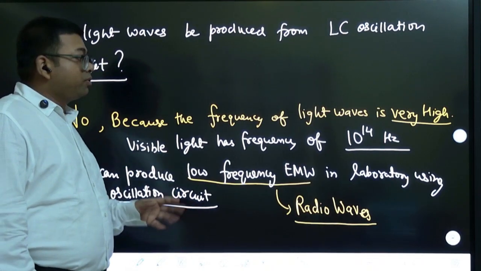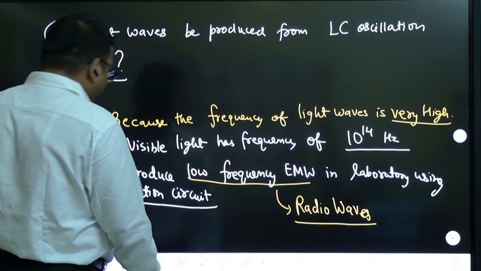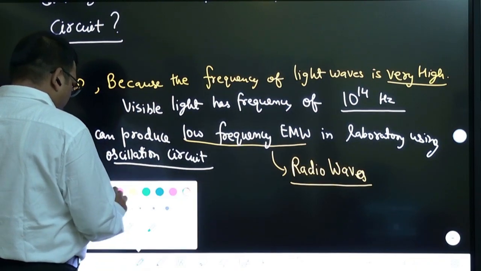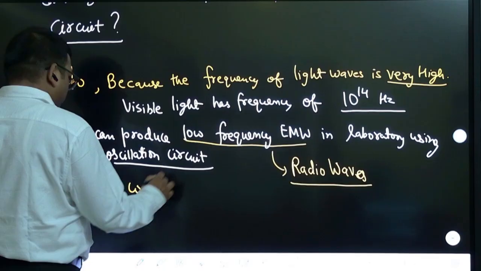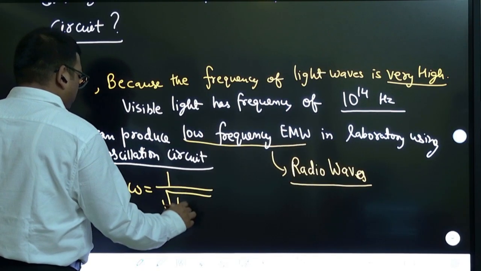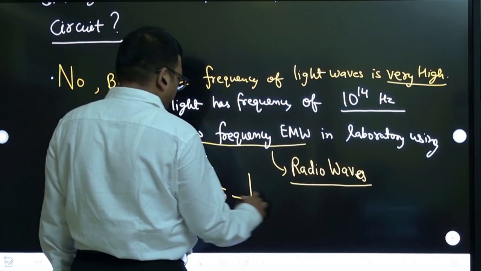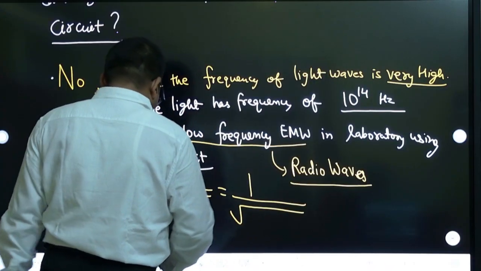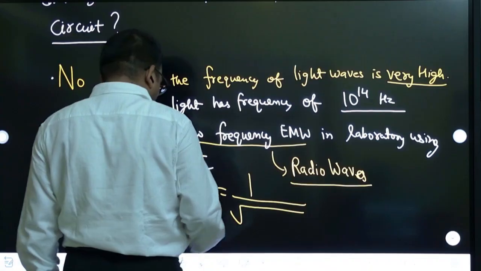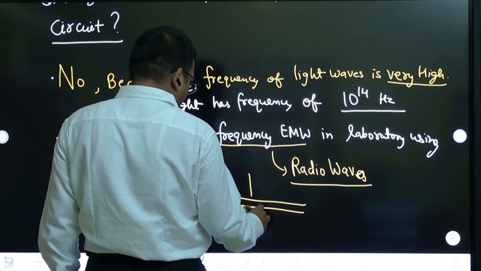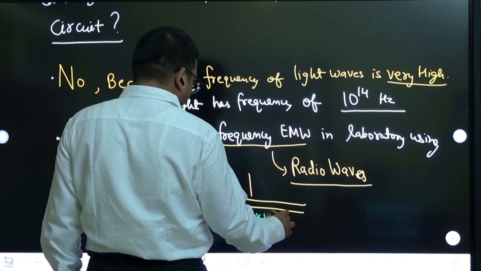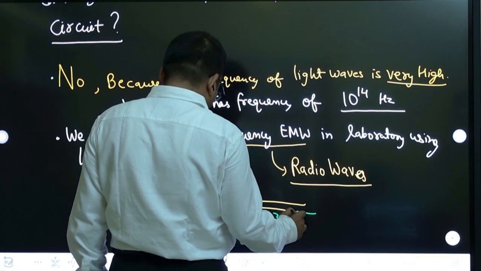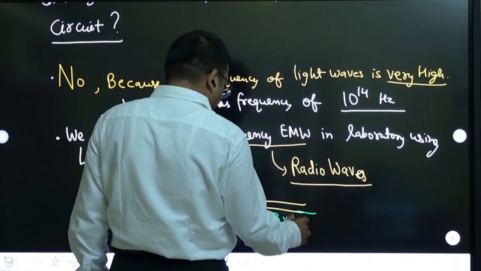So we can produce radio waves, because how will you define the frequency? That frequency I already told you, omega you can calculate, right? Omega is 1 by root LC. Let's take one example. Capacitance in microfarad and L, let us take in millihenry. So suppose 1 millihenry I take 10 to the power minus 3, and 1 microfarad capacitance 10 to the power minus 6.